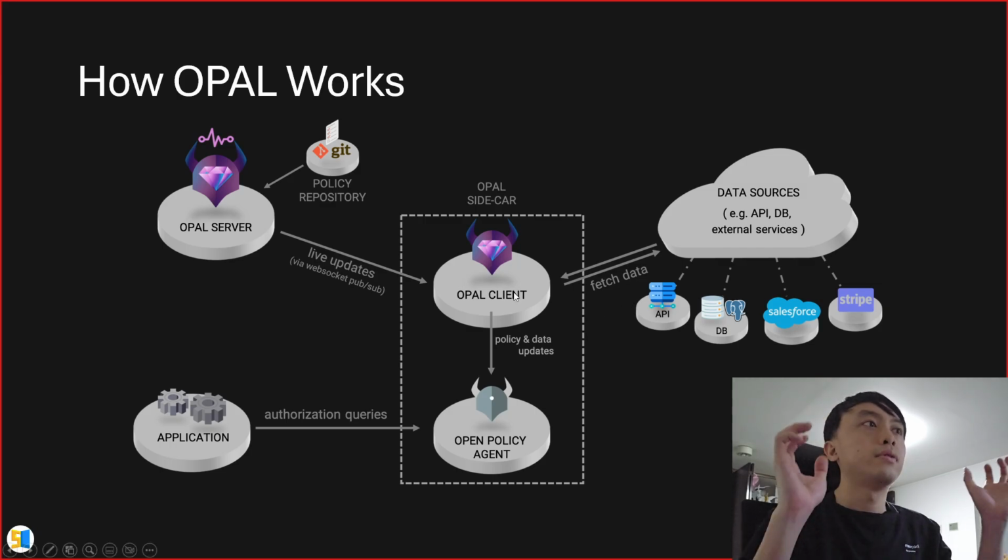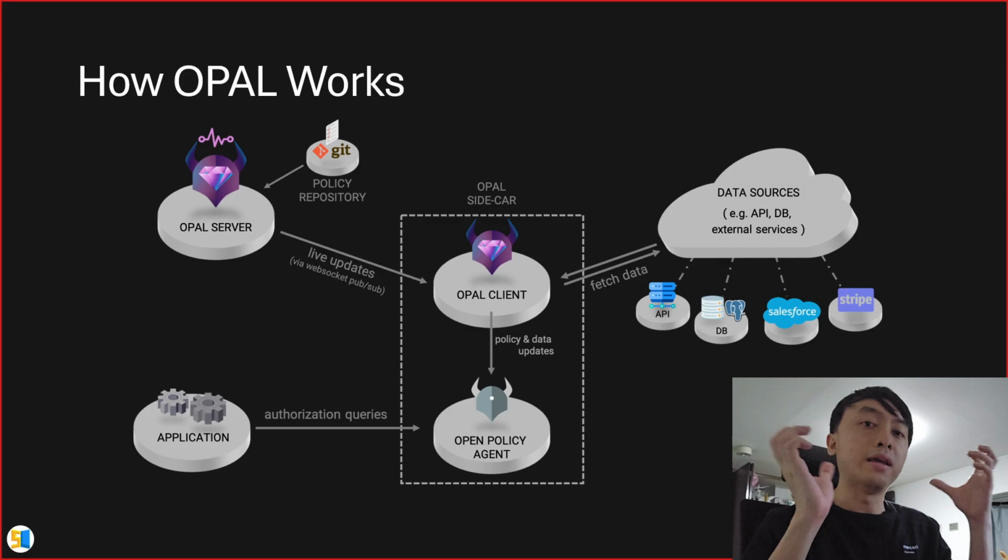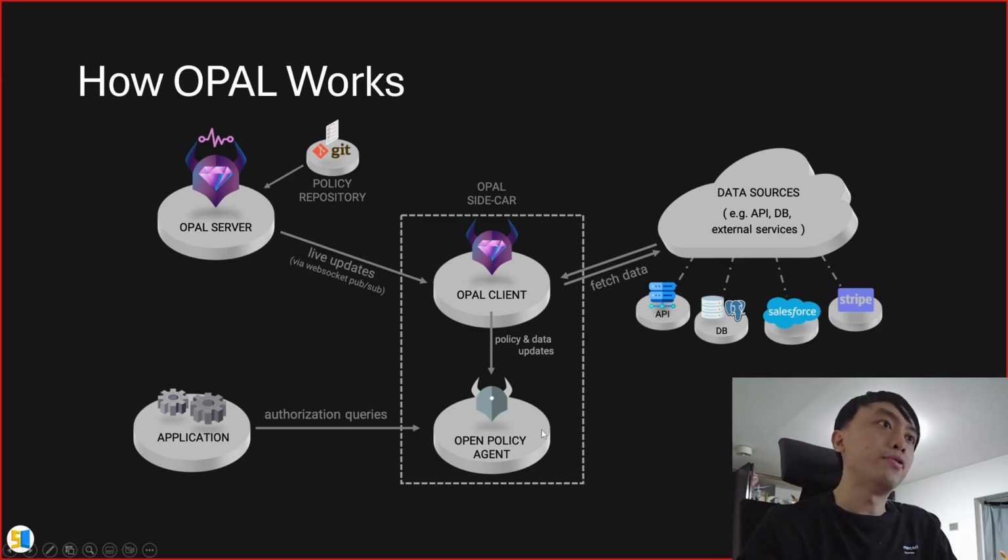So now the OPAL client already knows the latest policy and the latest data, so it can give that information to the Open Policy Agent. Here we install OPAL as a sidecar of OPA. So when an application sends a query, the OPA agent can evaluate it based on the latest policy and the latest data from our systems.